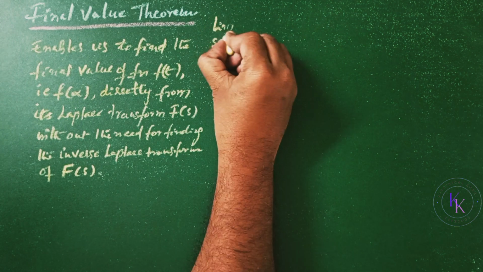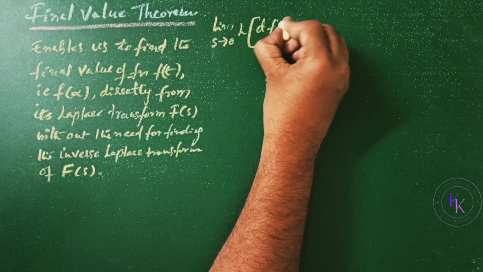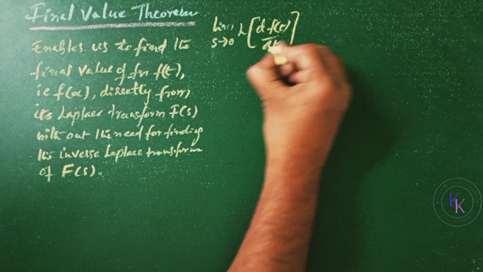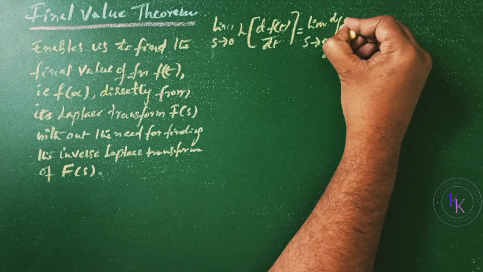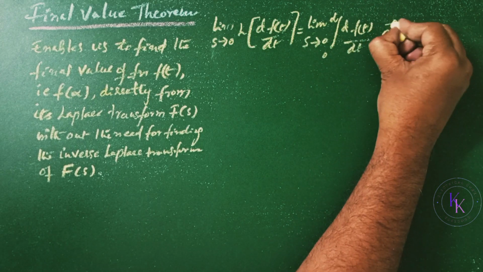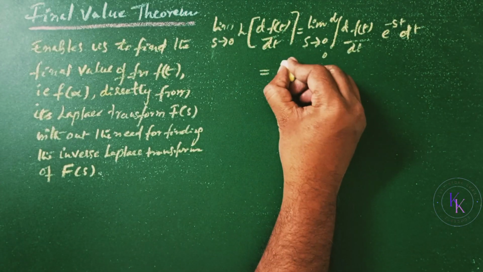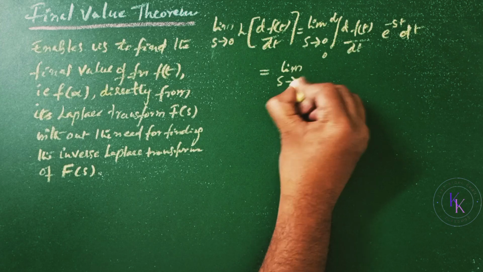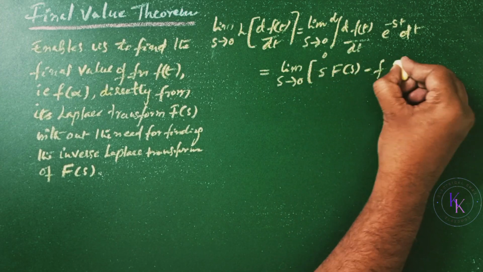Then limit s tends to 0 of the Laplace transform of the derivative, that is d f of t by dt, is given by limit s tends to 0 of the integral 0 to infinity d f of t by dt e power minus st dt. Now when you solve this, you are going to get limit s tends to 0 of s F of s minus f of 0 plus.